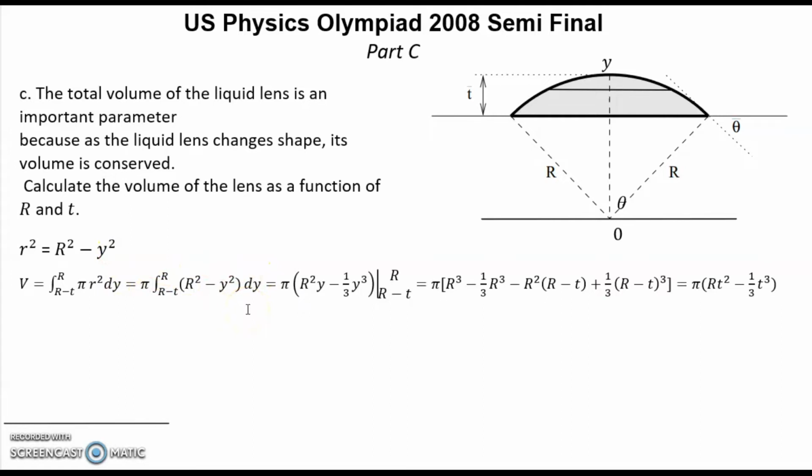And now the result will be pi times r square y minus 1/3 y cube, and the limits are from r to r minus t. When we insert these limits, and after calculation, this is the final result for volume. This is how to express volume using radius and thickness of this lens.